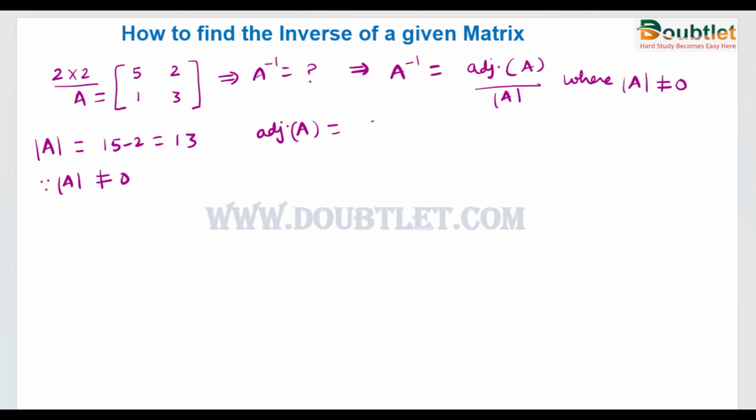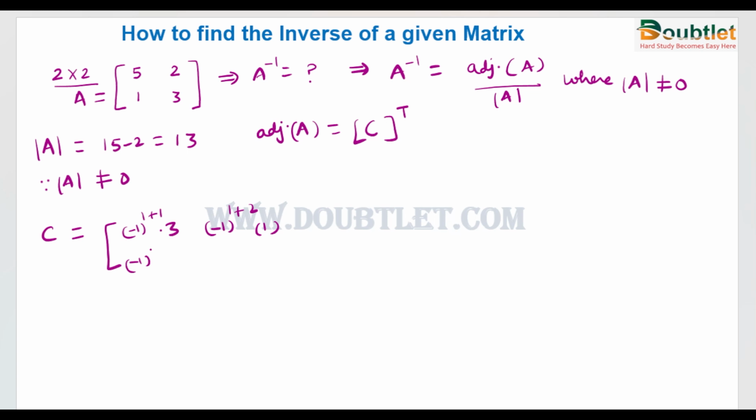Now to find the adjoint of the matrix, we need to find the cofactor matrix and then we have to take the transpose. So to find the cofactor matrix, what do we need to do? We need to remove the column and row of that element and then minus 1 to the power 1 plus 1 multiply by 3. This is minus 1 to the power 1 plus 2 multiply by 1.